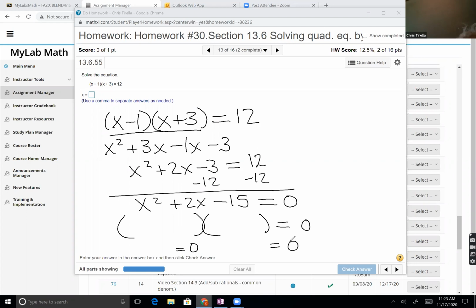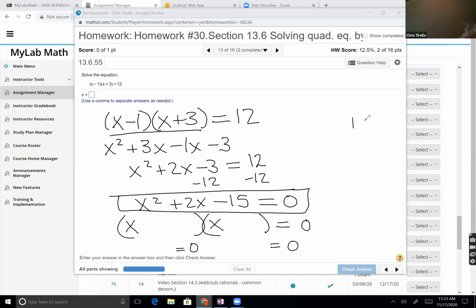So I know this one's a little bit more involved than the ones we did in class because it didn't start in that standard form. We want it to be there first. So here, for x squared, it's x times x.